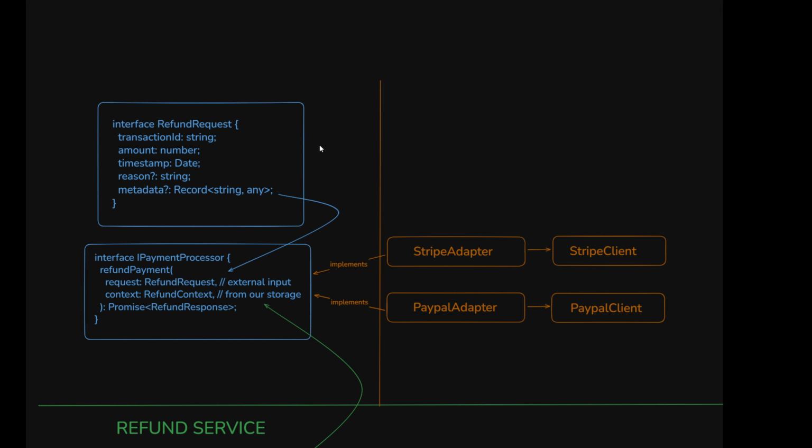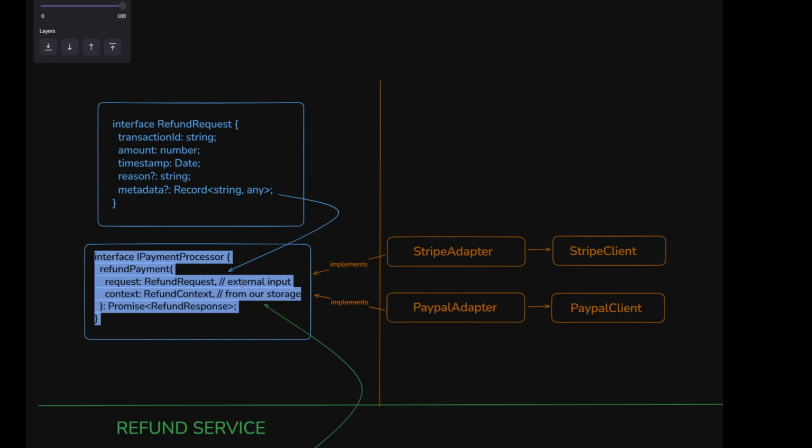The next step is to define a payment processor. Like I showed you in the wrong example, there was nothing wrong with that. We need to invert dependencies, and this is how we're going to invert them. We will say that every payment processor must have a refund payment method, and it will take the refund request, which I just talked about. This is essentially what's coming from external input.